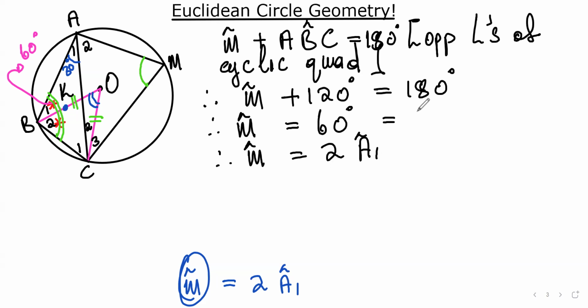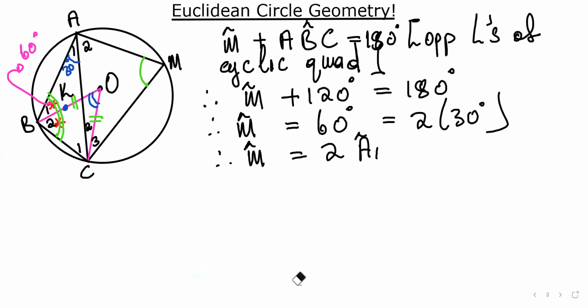So yes, or if you liked, you could have said it's twice 30 degrees, but it's not really necessary. If you show us that it's 60 degrees, then it stands to reason that it's twice as much. Twice 30 degrees is what I wanted to say.